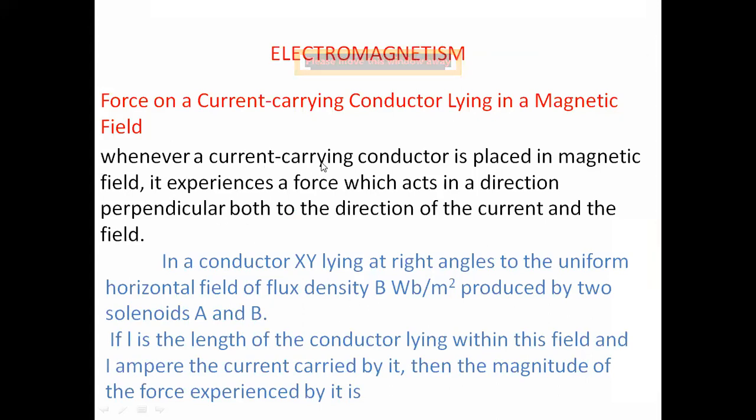Whenever a current carrying conductor is placed in a magnetic field, it experiences a force which acts in a direction perpendicular both to the direction of the current and the field.